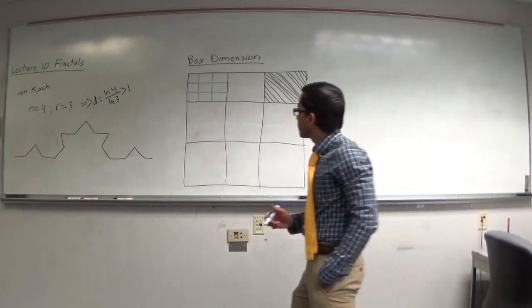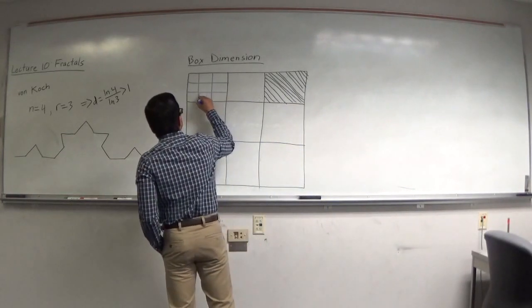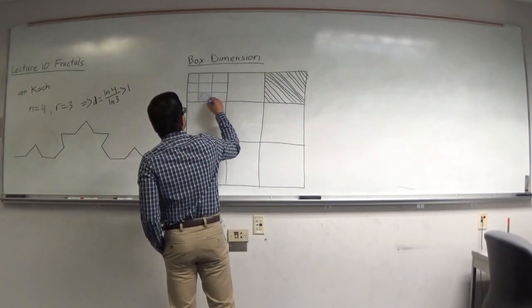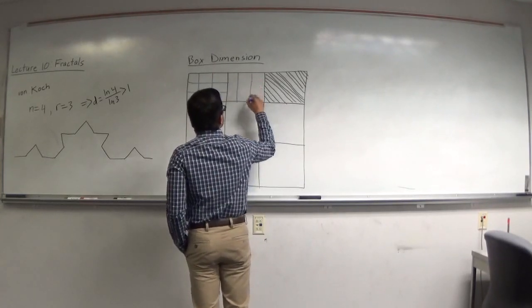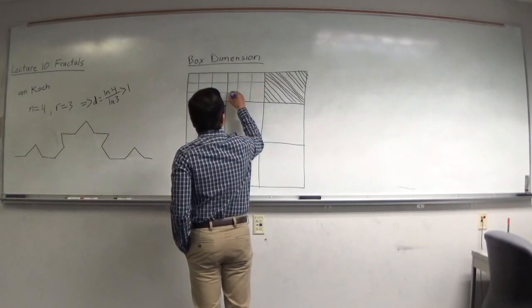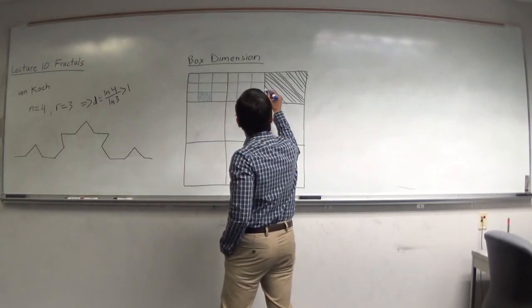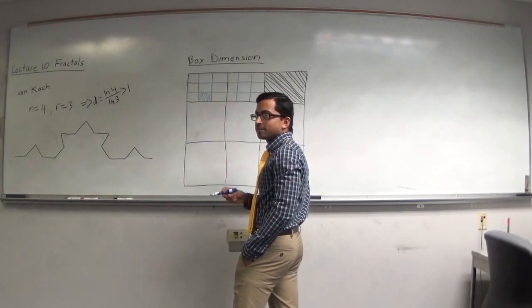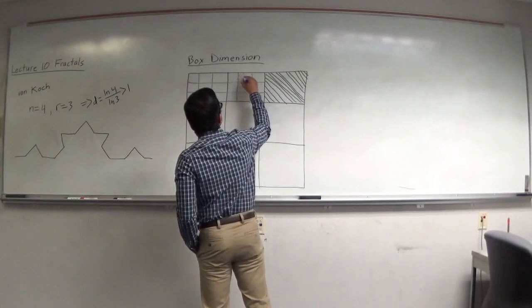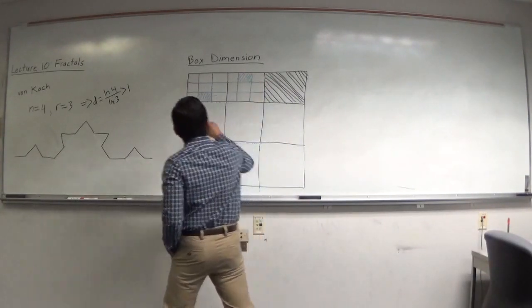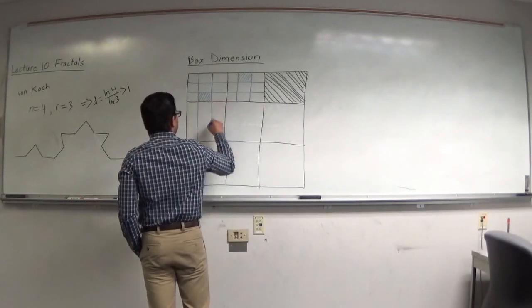Bottom middle. Okay. So let's fill that one in. And then we're going to go here. So what box do you want to fill in there? Top middle. Okay. So we're going to fill that in. And then I'll just continue with the other ones.